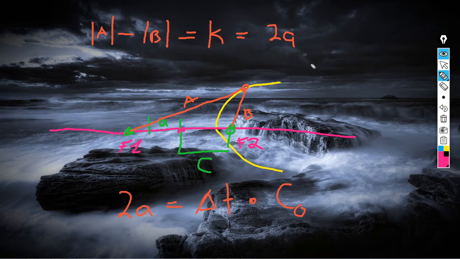Knowing all those things, we can plug them into the formulas for this hyperbolic curve and plot it. Now, not all hyperbolic curves are the same. Depending upon the distance between these two and the delta t, some can be really narrow, some can be really big.